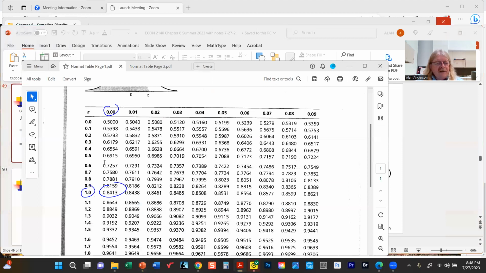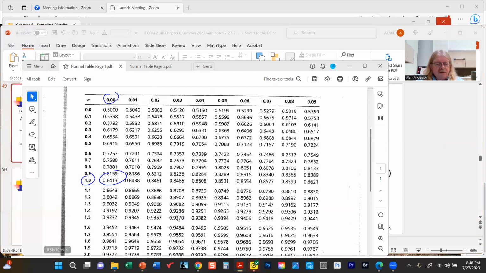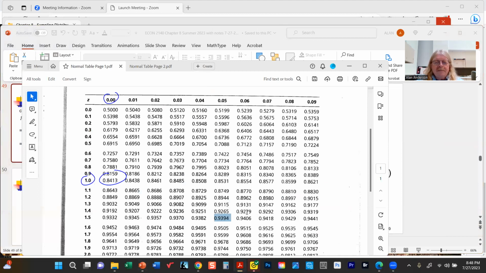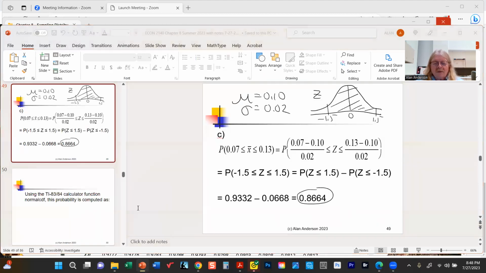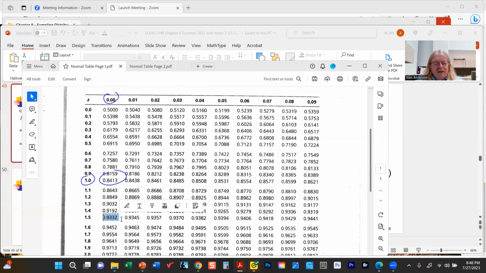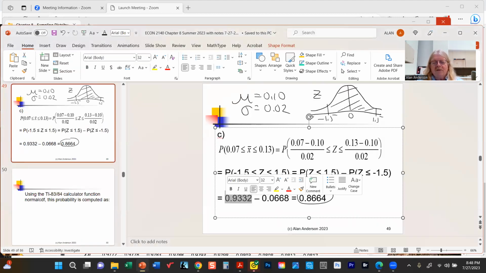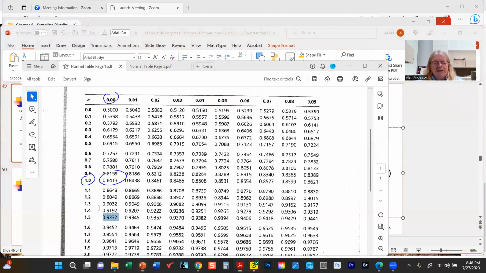So 1.5 is right here. 93, 94. Oh, okay. Oh no, what did I do? I got the wrong one. Sorry. 93, 32. That's better. Yeah, much better. Okay, it's because it's 1.50. That's why it's this cell right here.